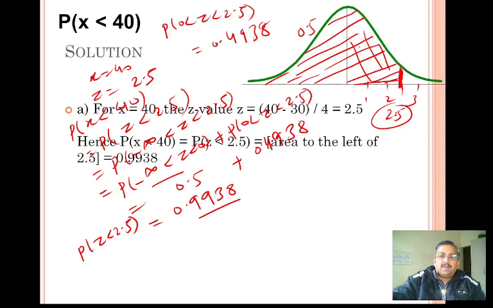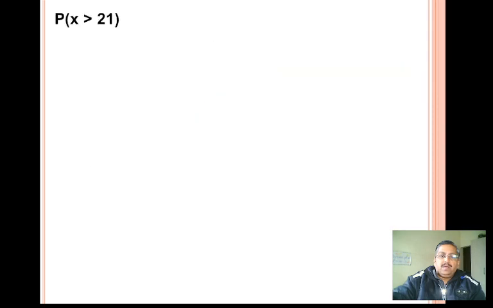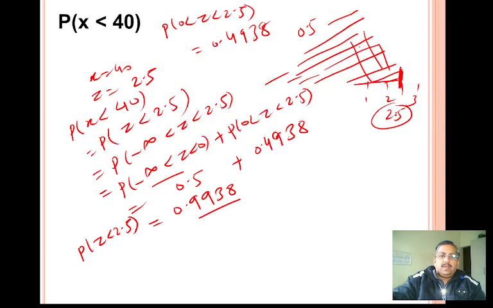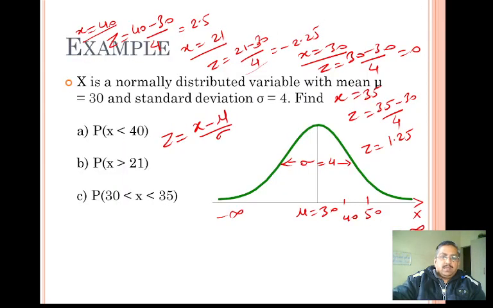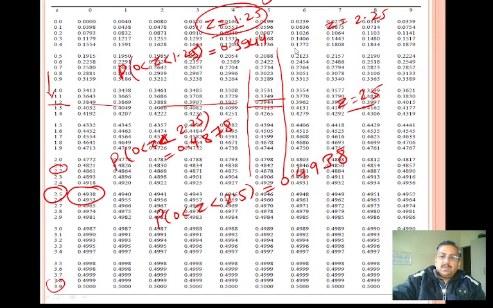So let me write down that value here. Let me go back, and you can see that for x greater than 21, it is minus 2.25, right? So we need the value for 2.25. For that 2.25, this is the value 0.4878, right?